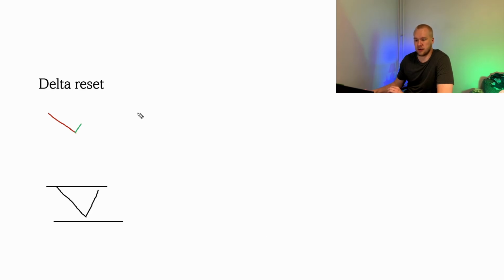But if price is going downwards, so you have a selling bias, after the delta reset happens, it just keeps going down. And that's your entry right there. You take the entry when the delta is at zero. And don't be scared, because sometimes it does go above.